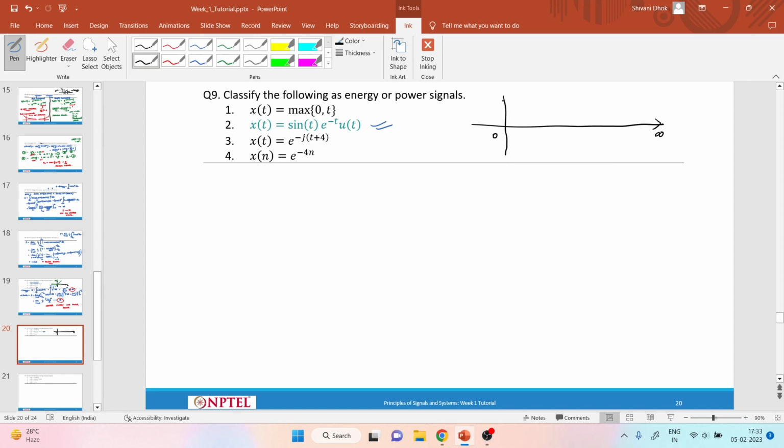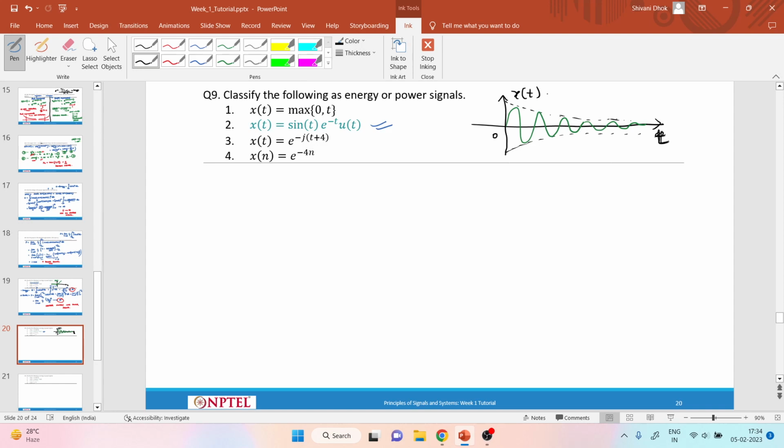Then we have a factor of e power minus t multiplied by a sinusoid, which goes up and down from minus 1 to 1, scaled by an exponential. So this signal will look something like this, and its magnitude will go to 0 at infinity. So this is your x of t.